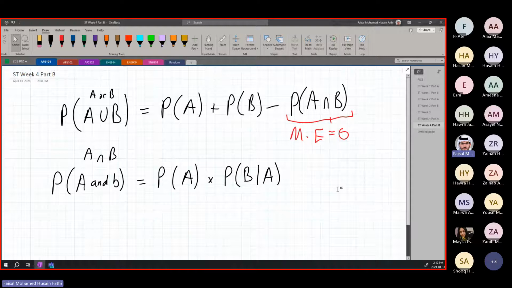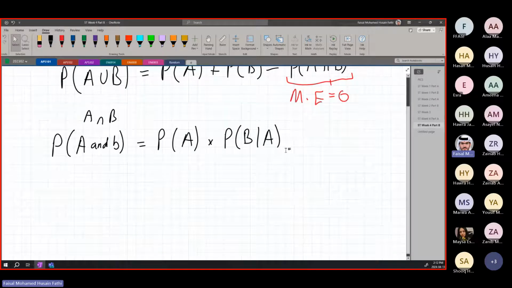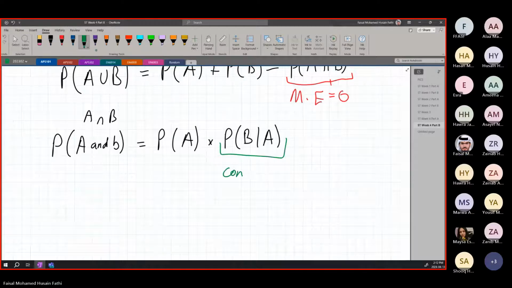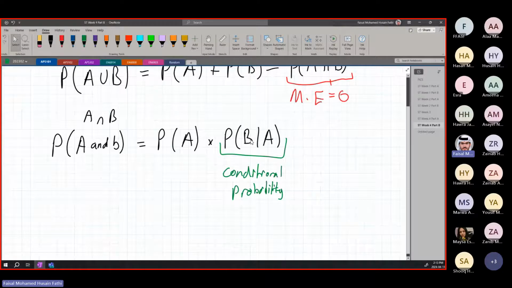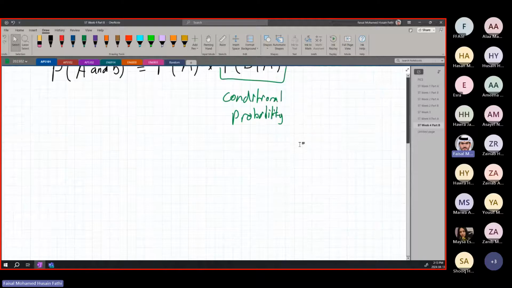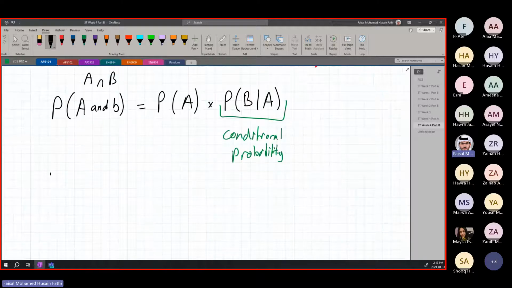What does this mean? This is the definition of conditional probability. Conditional probability is basically when an event B occurs after event A has occurred, because event B will be affected by event A. A simple example of this would be if you have a bag, or a box.